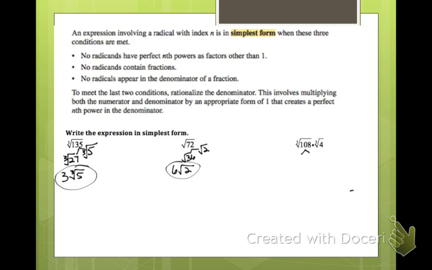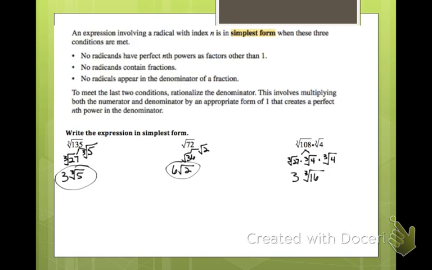So I'm going to rewrite the cube root of 108 as the cube root of 27 times the cube root of 4 times another cube root of 4. I can take the cube root of 27, that is 3, and then I'm left with the cube root of 4 times the cube root of 4. I can multiply those back together and get the cube root of 8.